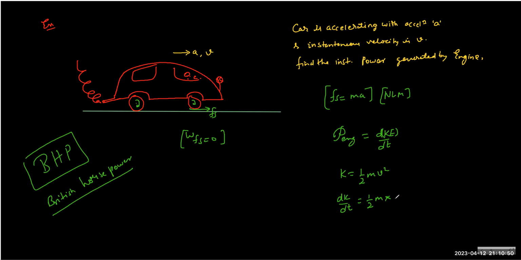But in case of a rocket, the dm by dt becomes really significant, because we burn lots of fuel while launching the rocket. So we're going to just get 2v dv by dt. So let's cancel.